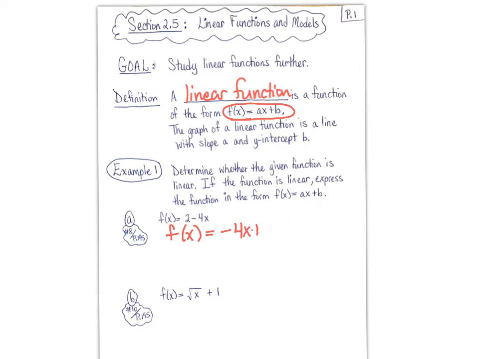Negative 4x plus 2. Good. What's a? Is that linear? First of all, yes, it is linear. What's a or m? Negative 4. And what's b? 2. Good. That's it.